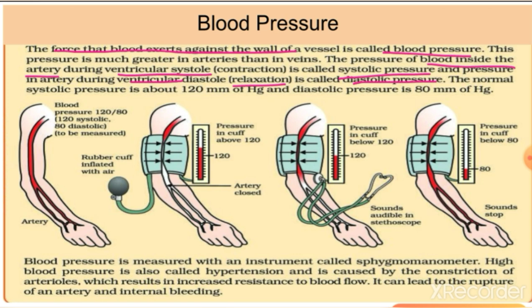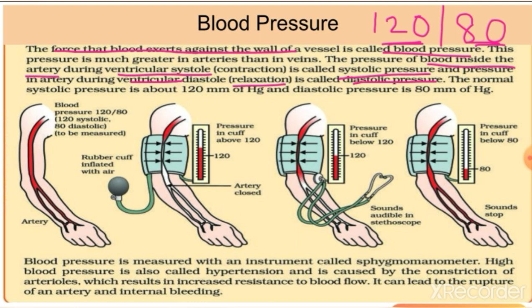The blood pressure in a healthy human being should be 120/80. So this 120 is systolic pressure, meaning the pressure at the time of contraction of the heart, and this 80 is diastolic pressure, meaning the pressure at the relaxation time of the heart.